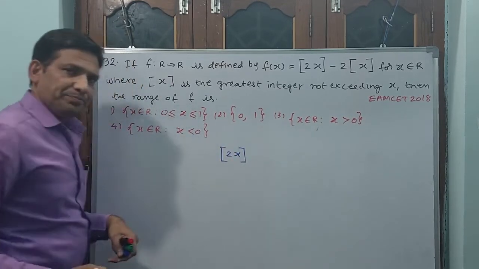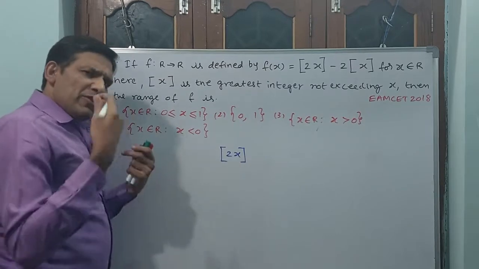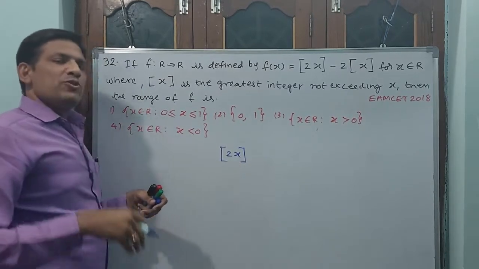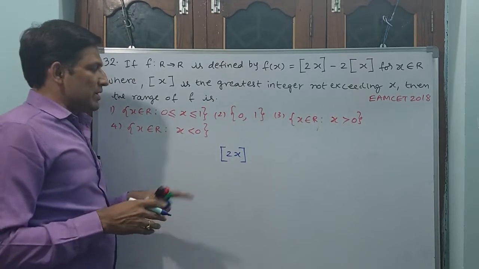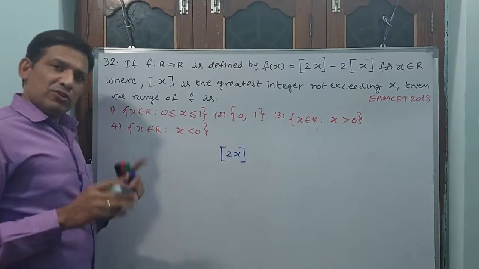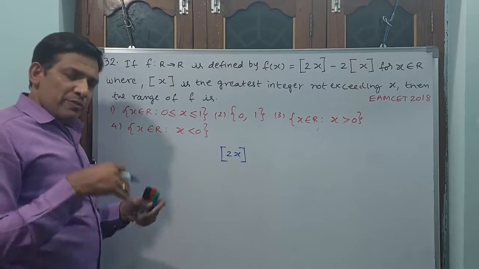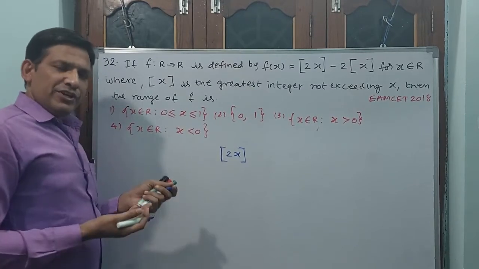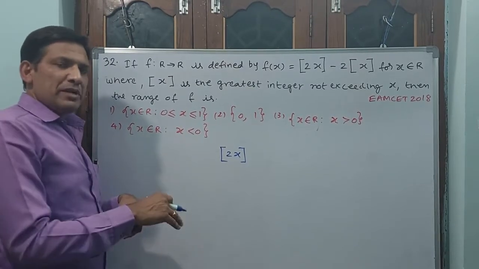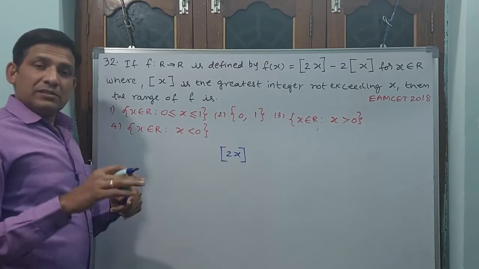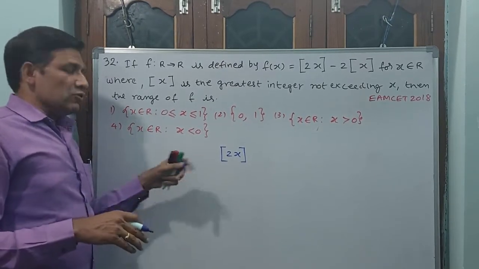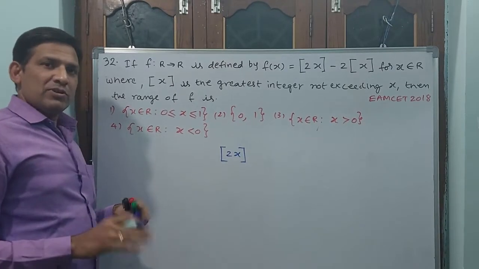Whatever x you give, fraction, integer, rational or irrational number, after multiplication with 2 it becomes a rational number, fraction or integer. If you multiply 1 by 2 with 2, it becomes the integer 1. If you multiply 1 by 3 with 2, it will be a fraction.